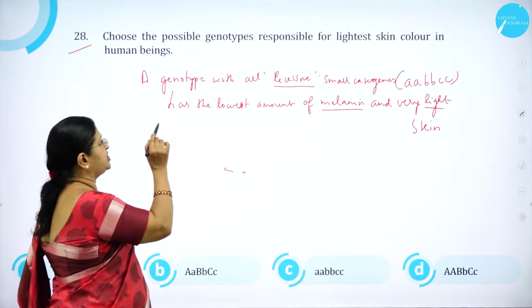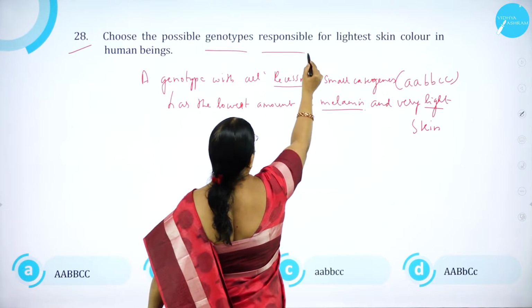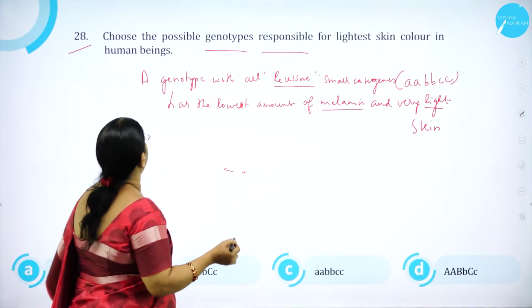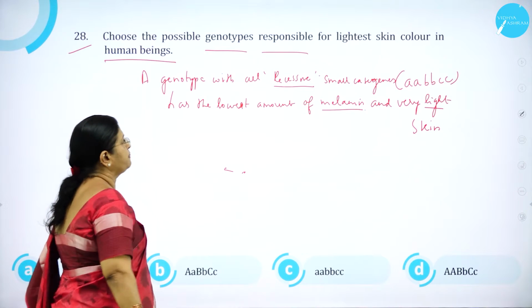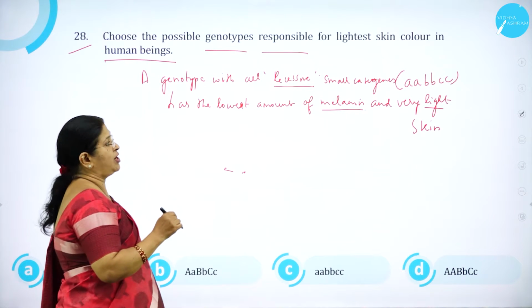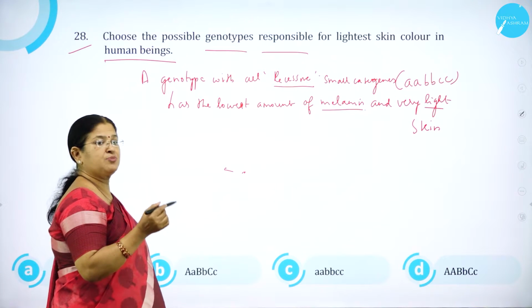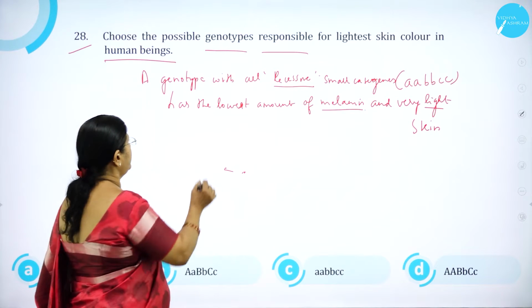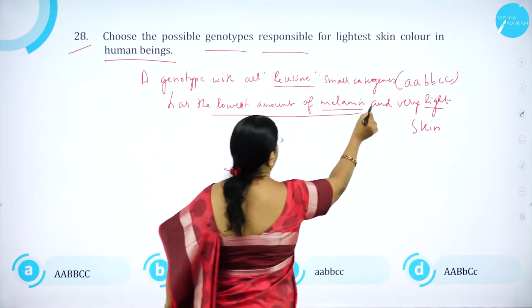Choose the possible genotypes responsible for lightest skin color in human beings. Here a genotype with all recessive small cases, like small aa, small bb, small cc, has the lowest amount of melanin.